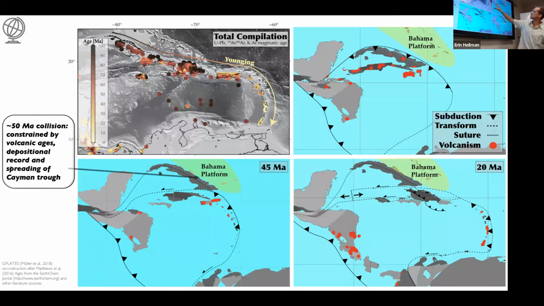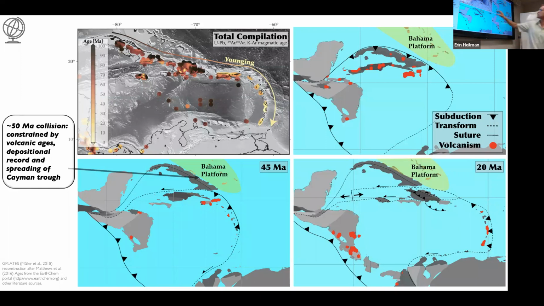This is really shown up here when I've overlain geochronological magmatic ages over the Greater and Lesser Antilles. And you see this younging trend from around 100 million years in the Greater Antilles to much younger present-day volcanic and present-day magmatic ages in the Lesser Antilles, because you have active volcanism there. So things are happening now.